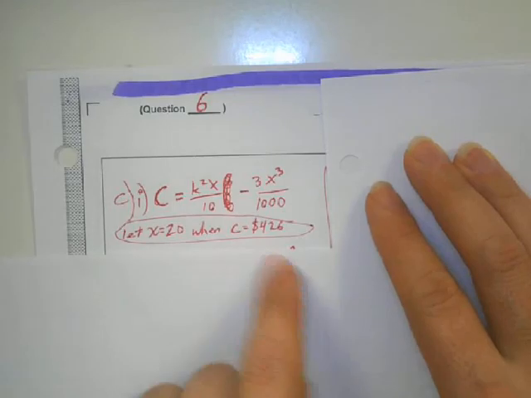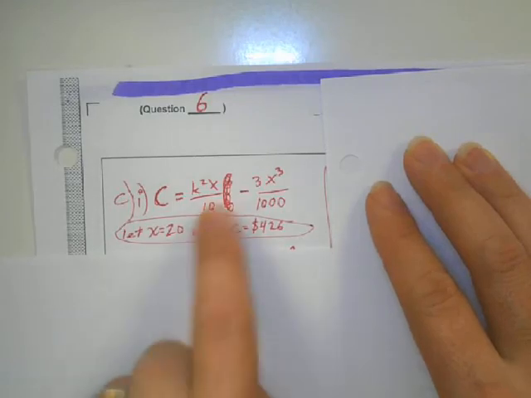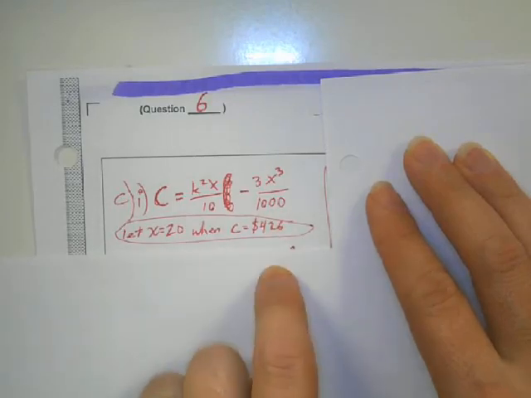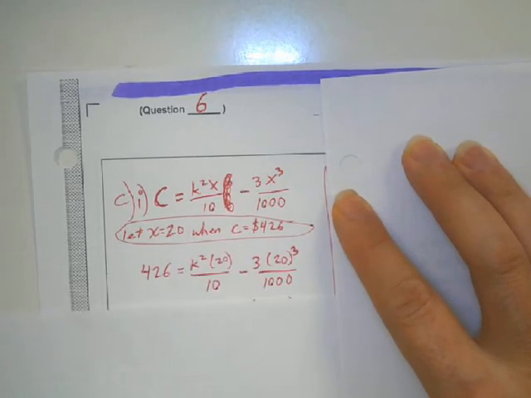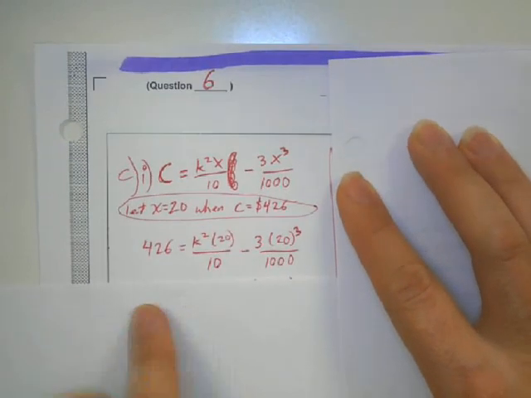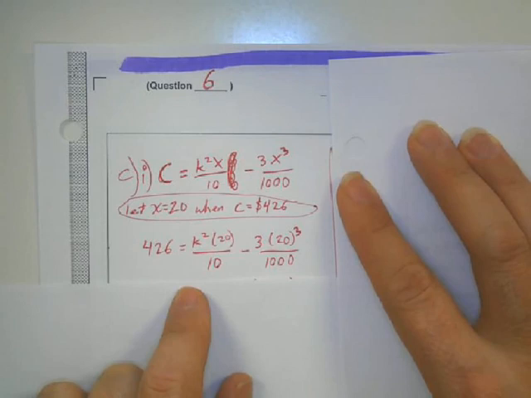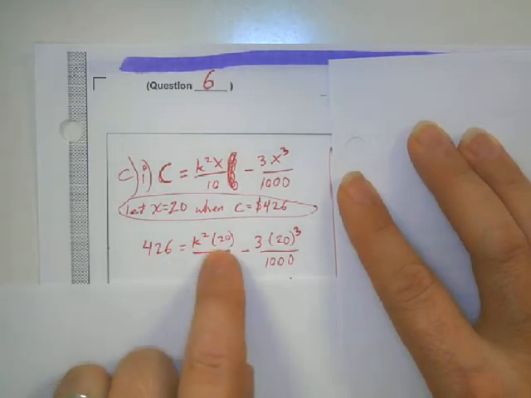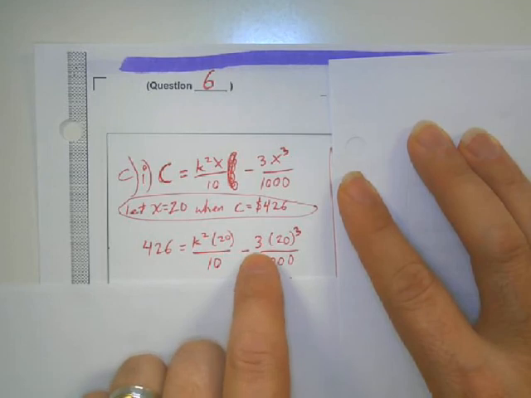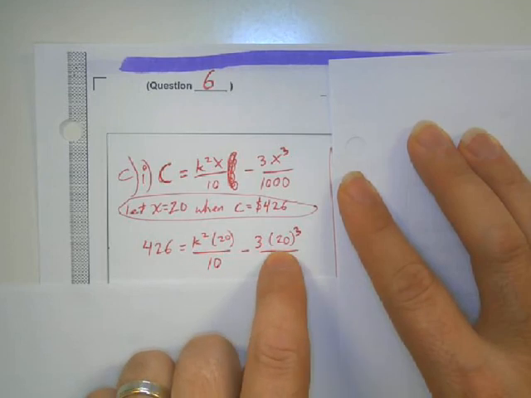So I'm going to replace x with 20, and I'm going to replace c with 426. And then that's going to help me figure out an answer for k. Okay, so I've got 426 equals k squared times 20 over 10, minus 3 times 20 cubed over 1,000.